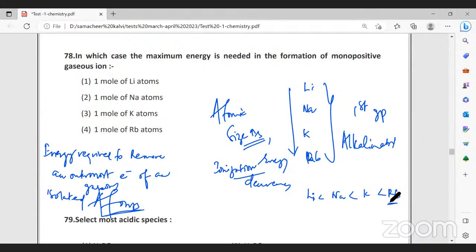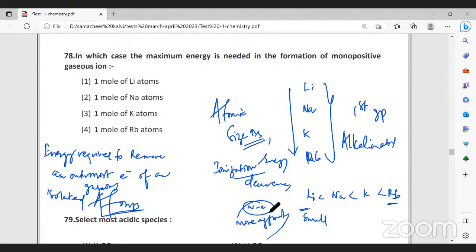When the size of rubidium is larger, the outermost electron will have less interaction with the nucleus because the nucleus is positive and the electron is negative. But in case of lithium, it is smaller in size, therefore the nucleus and electron will have more affinity.